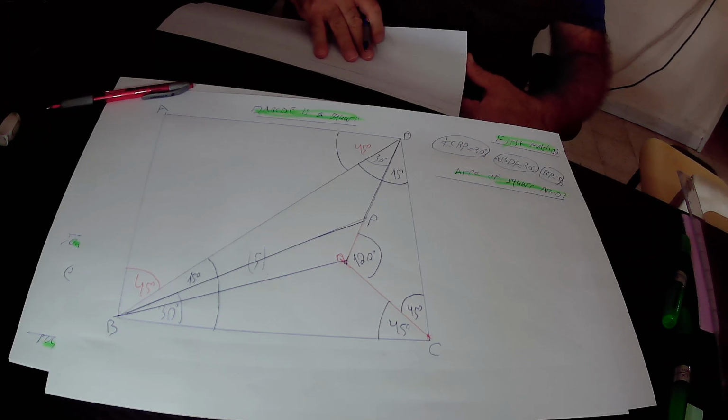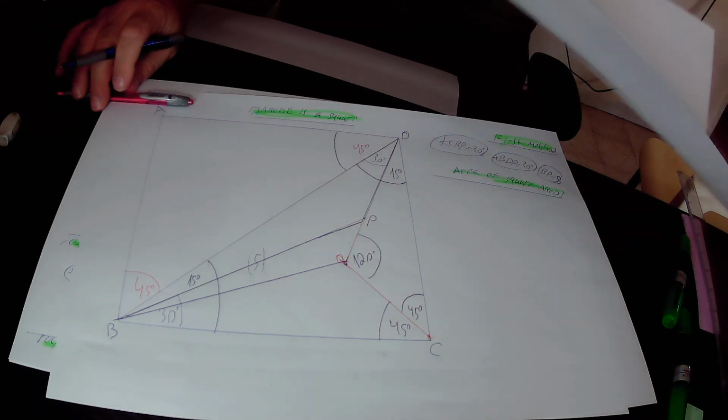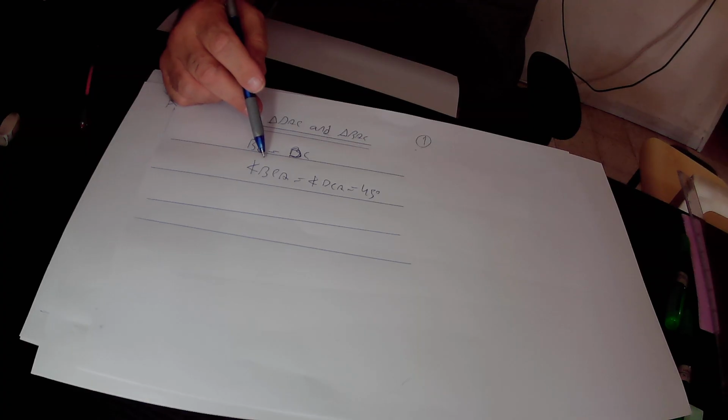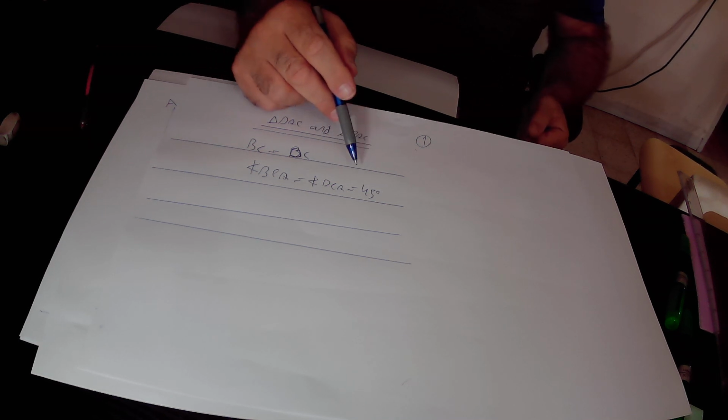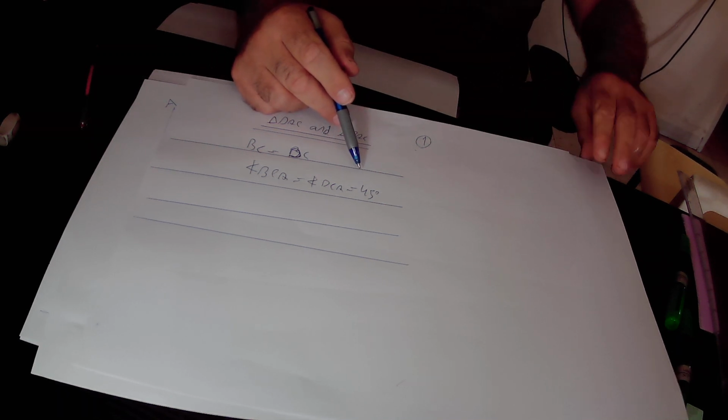Angle BCQ of triangle BQC is equal to angle DCQ of triangle DQC. They are both equal to 45 degrees and therefore they are equal to each other.